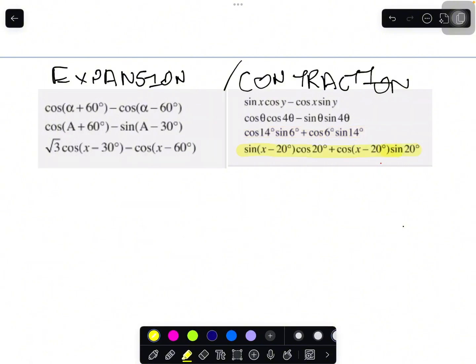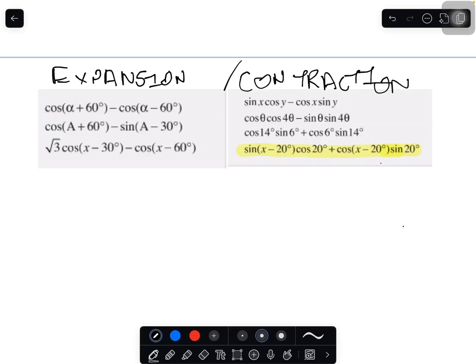Okay, now we're looking at this last one, and this here gets slightly trickier because we have something like a compound angle in a compound angle. Now we know this is a contraction exercise, but what happens if you have a question like this not in a contraction exercise? I have sine cos and then cos sine. When dealing with this question, it may get a bit confusing to deal with this x minus 20.